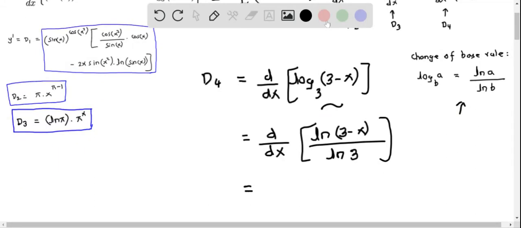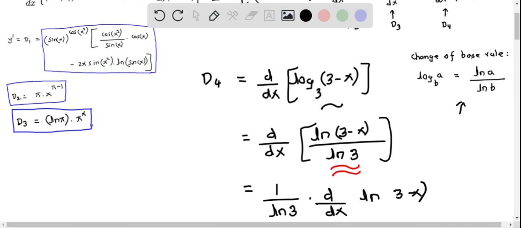Now we can easily find the derivative. Since this natural logarithm of 3 is basically a constant, we can apply the constant multiple rule and then factor it out of the derivative. So therefore this becomes 1 over natural logarithm of 3 and then the derivative of natural logarithm of 3 minus x.